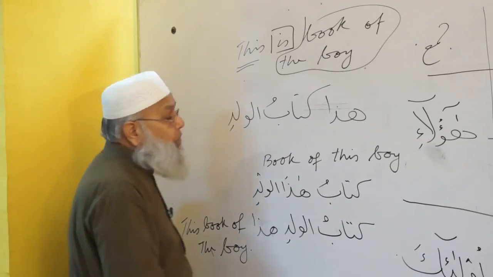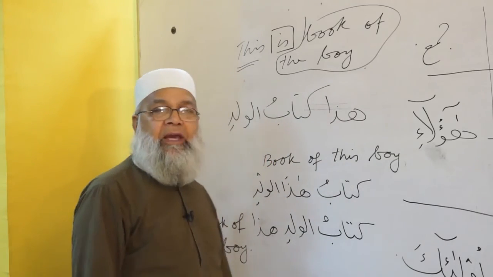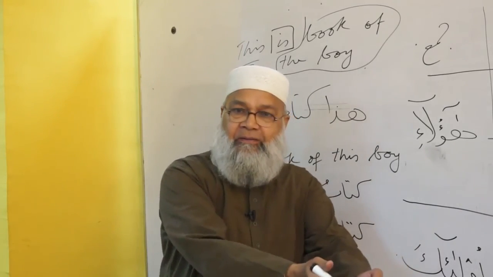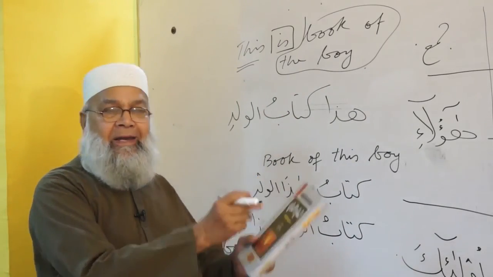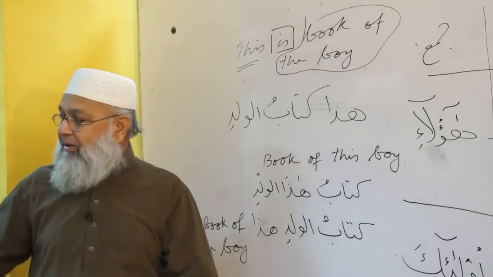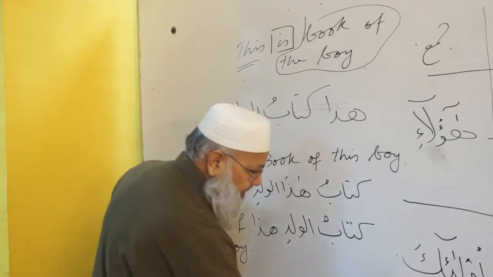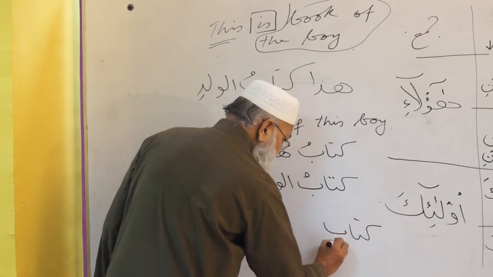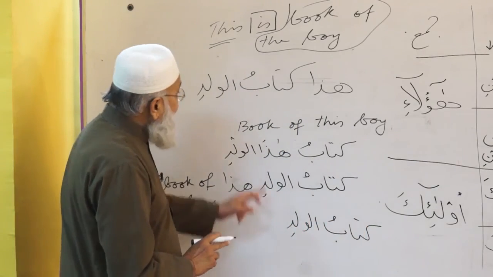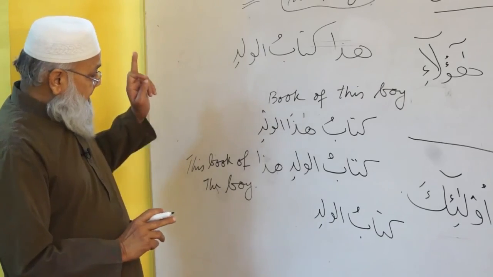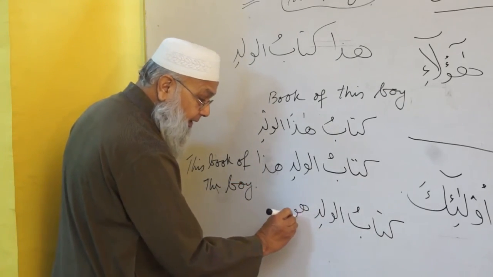But if you have to make this the khabar of the sentence, that is to say, book of the boy is this one, now this is in fact the khabar of the sentence. Now you will say, Kitabul Waladi. Now, not to get it confused with this construction, you will say, Kitabul Waladi huwa hadha.